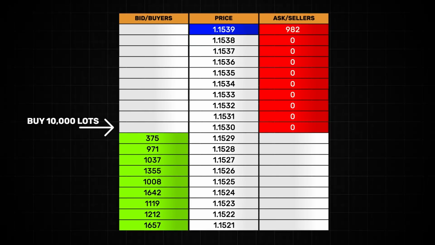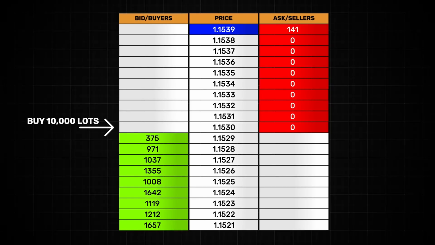When this 10,000 lot is filled, there is going to be an overwhelming imbalance between supply and demand, and the price is going to gap to where that order was fully filled. When the entire order is filled at 1539, the market is deemed to be at what is known as fair value between the buyers and sellers, as price keeps going up seeking liquidity to fill the entire order that was placed.